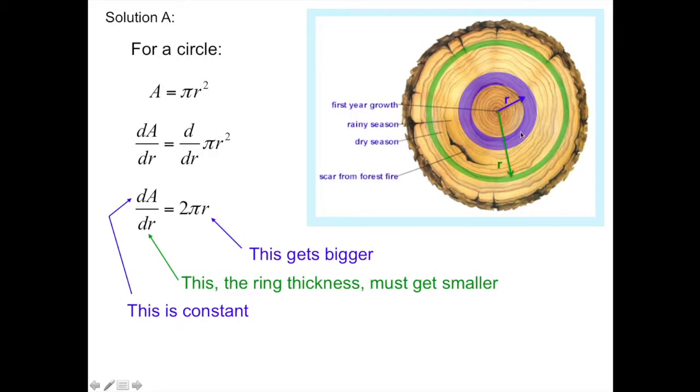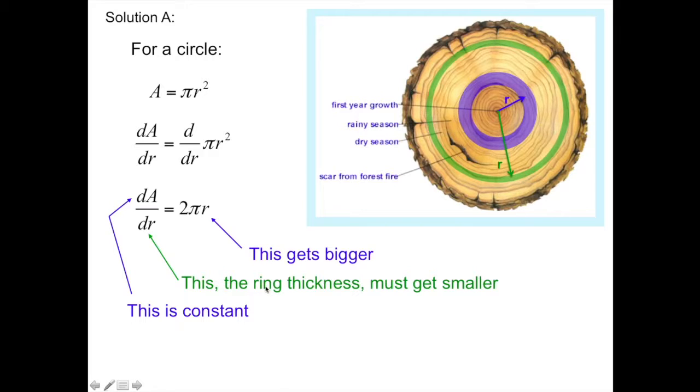And that change in the radius is the ring thickness. So if you think about looking at rings in a tree, as you go out to the exterior points of the tree, the rings get a lot skinnier. And that is because the tree is adding on the same area each year, but it's adding it on around a bigger radius.